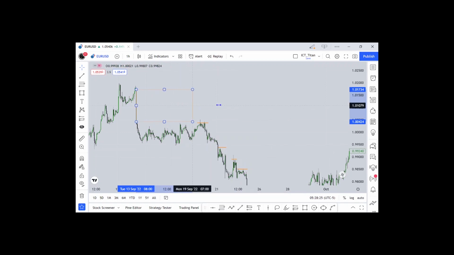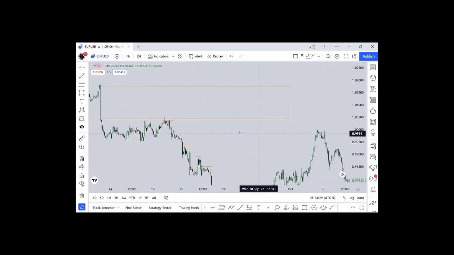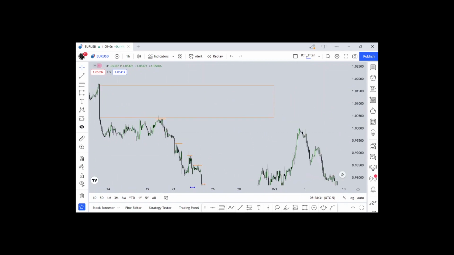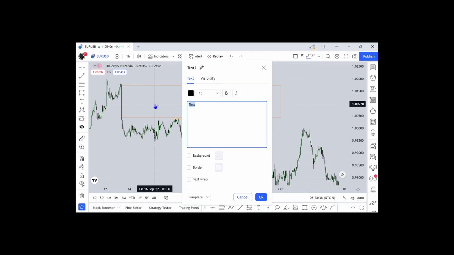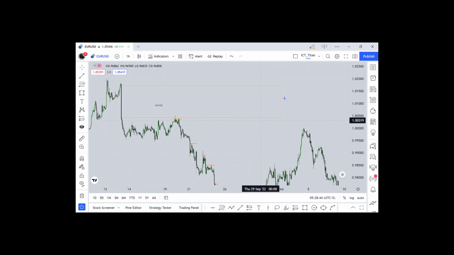So we'll use that to highlight the fair value gap, and you should keep in mind that it's a 1 hour fair value gap.